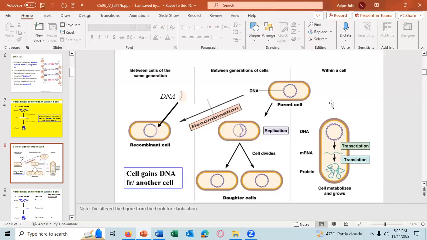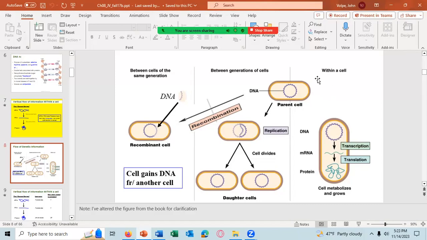Let me think about that. Or is that the vertical gene transfer? Sorry, I'm drawing a blank here. I think this is the horizontal gene transfer. That is not terribly important. The idea is the flow of information within a cell.